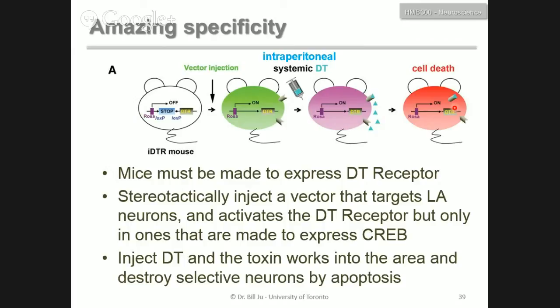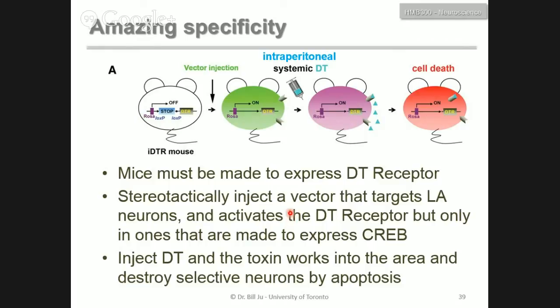And that's why we actually want to make use of this. So these mice have to be made to express this diphtheria toxin receptor. So is it possible to stereotactically inject, and again, that's one of the things that we talked about, stereotactic injection into an area of the brain gives you some control.